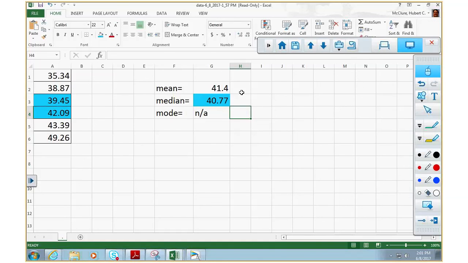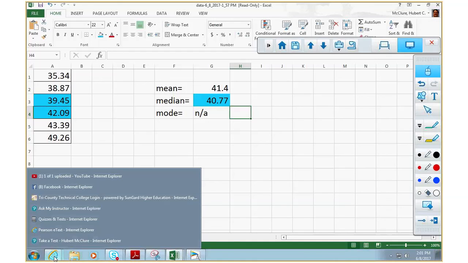What did it say? To the nearest what? So 41.4 and 40.8. The nearest cent. So it'd be, oh, 41 cent, both. Okay, I was thinking of dollars. I'm sorry.